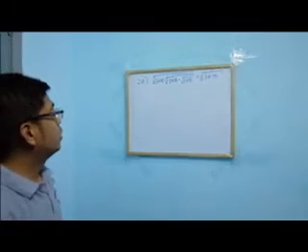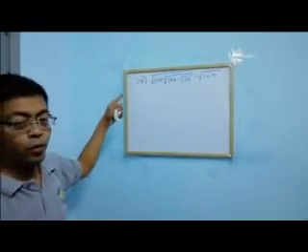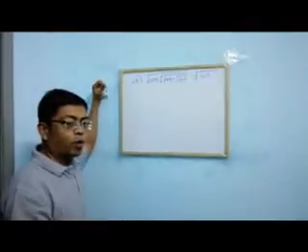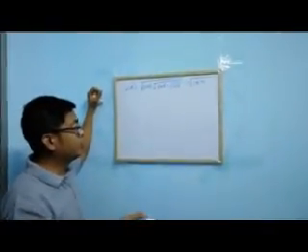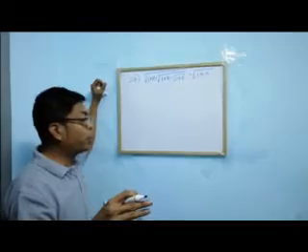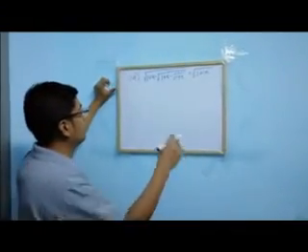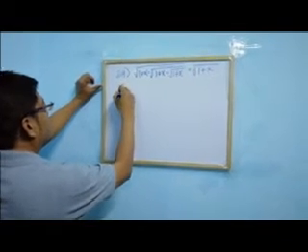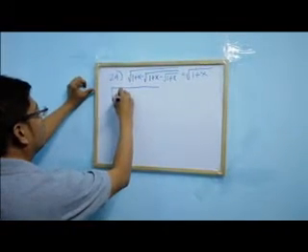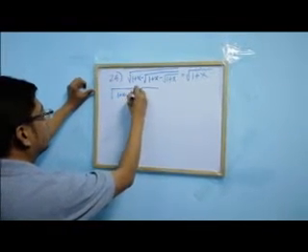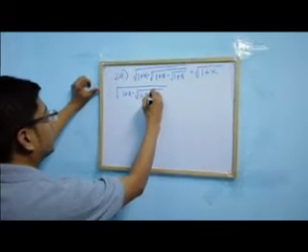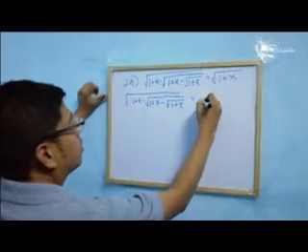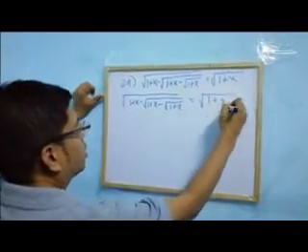Okay, for the next problem, I'll choose part 1, problem number 29. For this equation, we just need to remove all the square roots by squaring both sides. Square root of 1 plus x minus square root of 1 plus x, square root of 1 plus x.